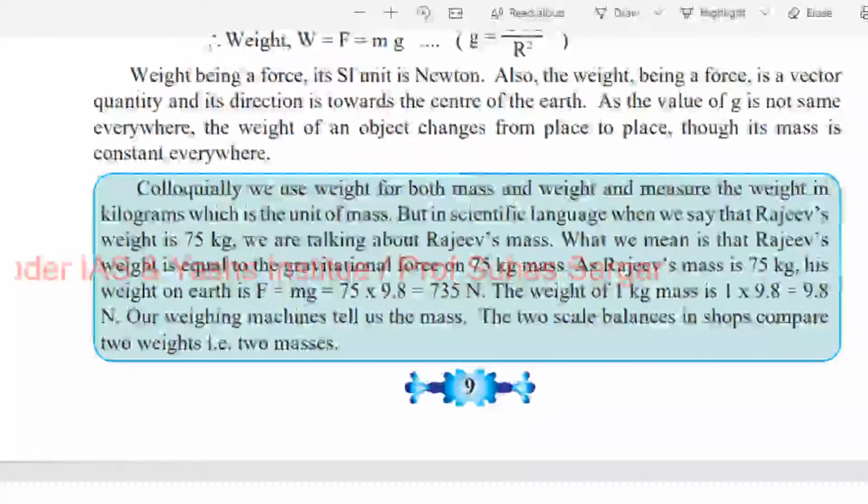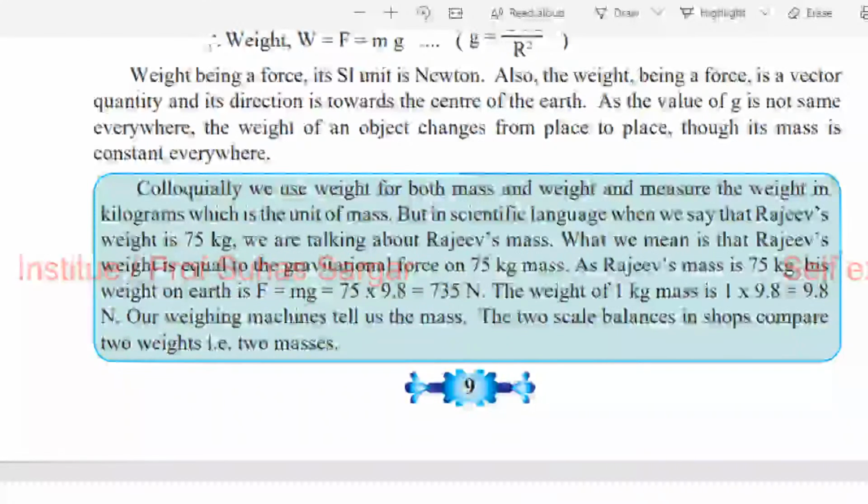As Raju's mass is 75 kg, his weight on the Earth, F is equal to mg, is equal to 75 into 9.8, which means 735 Newton.